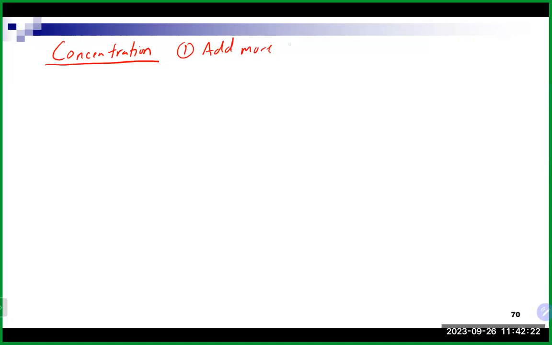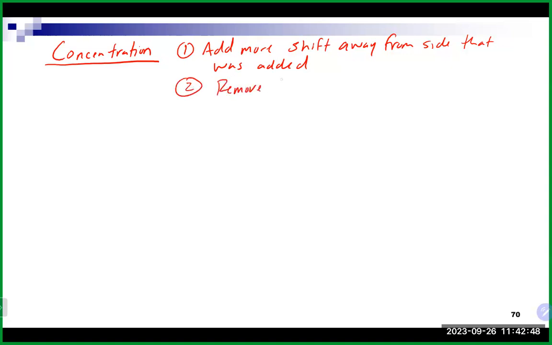And when we add more, it will shift away from the side that was added. So add away. Yes, it goes away from the side that you added. And number two, the other thing we could do is remove. And when we remove concentration, we shift towards the side.